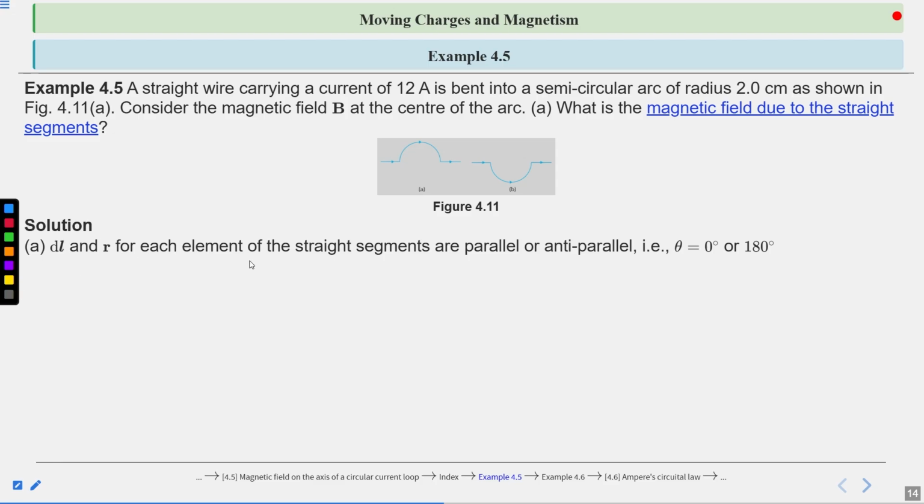So dl and r for each element on the straight segments are parallel or anti-parallel. That is, theta will be 0 or 180 degrees.